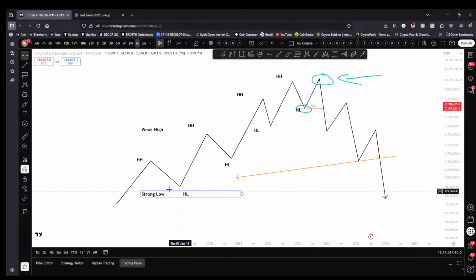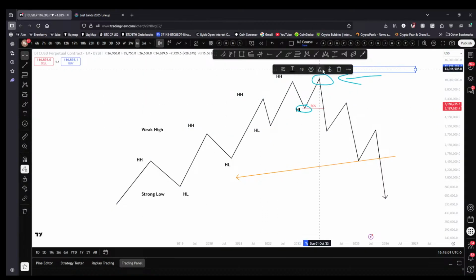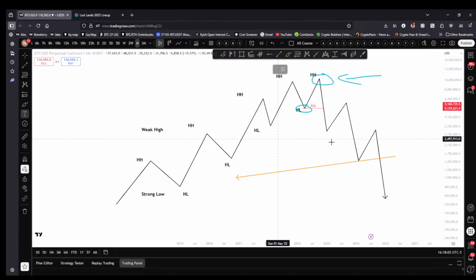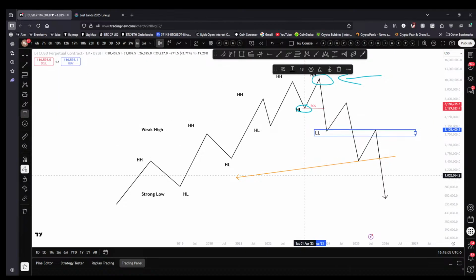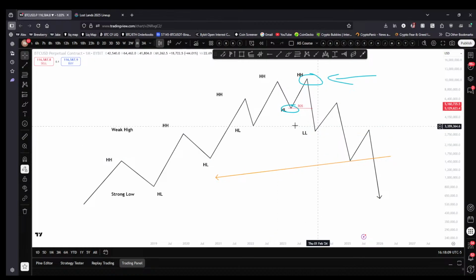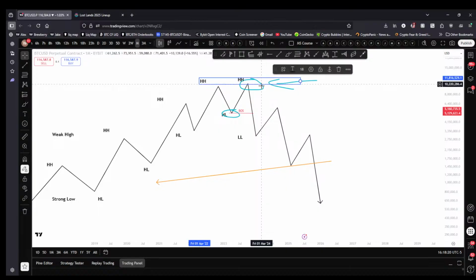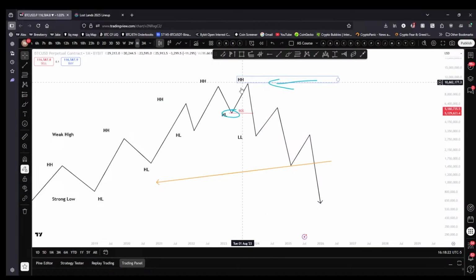We have gone from making higher highs and higher lows to making a lower low. In market structure, this would be your first indication to pay attention because the trend may be changing. Once this happens, you have your change of character, and this high becomes a strong high.